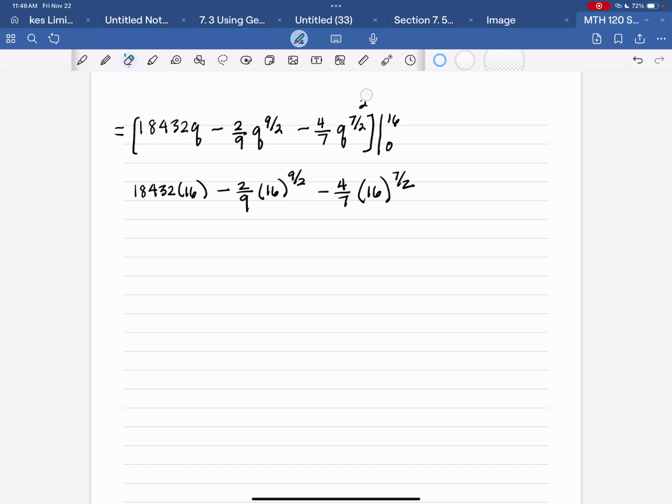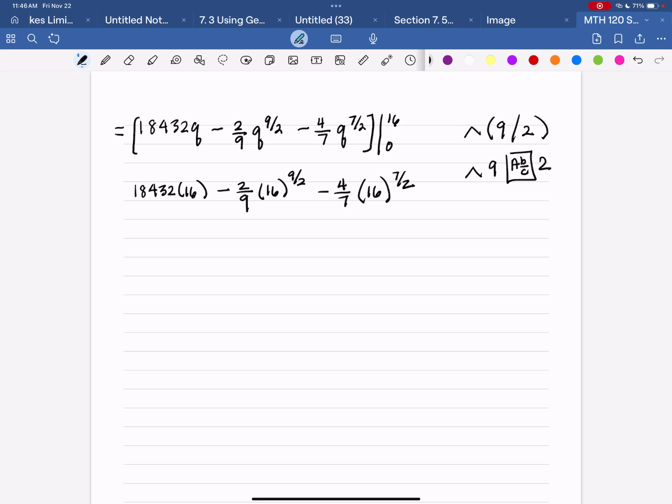So that's what I've got to evaluate. Now this can be tricky in the calculator. You can either do your exponents as exponent parentheses 9 divided by 2, or you can use the fraction key and you don't have to have the parentheses. But if you use the division key, you do.